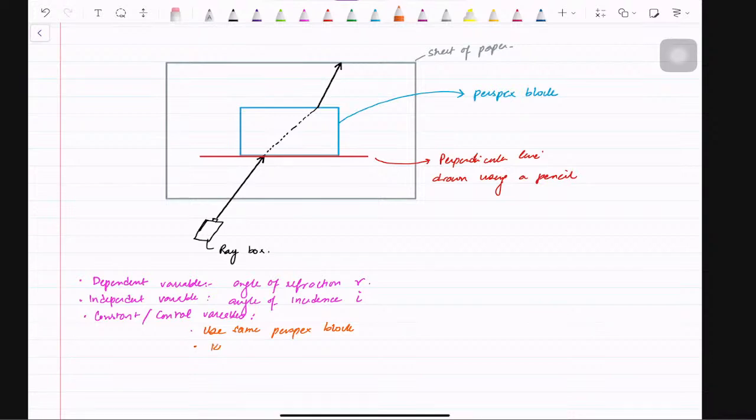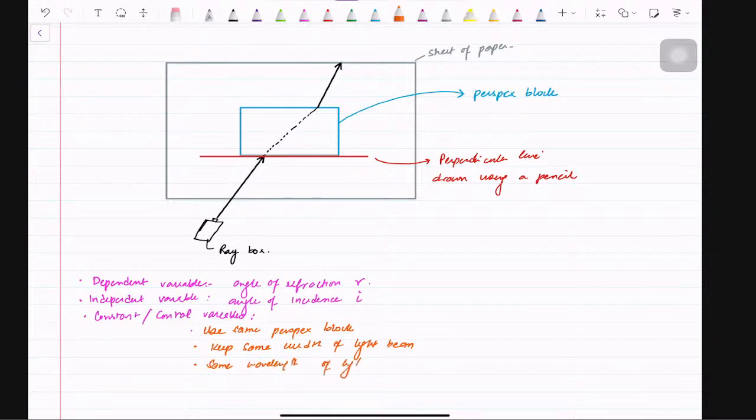Keep the same width of beam, so that you get the same result. And you also need to keep the same wavelength of light.